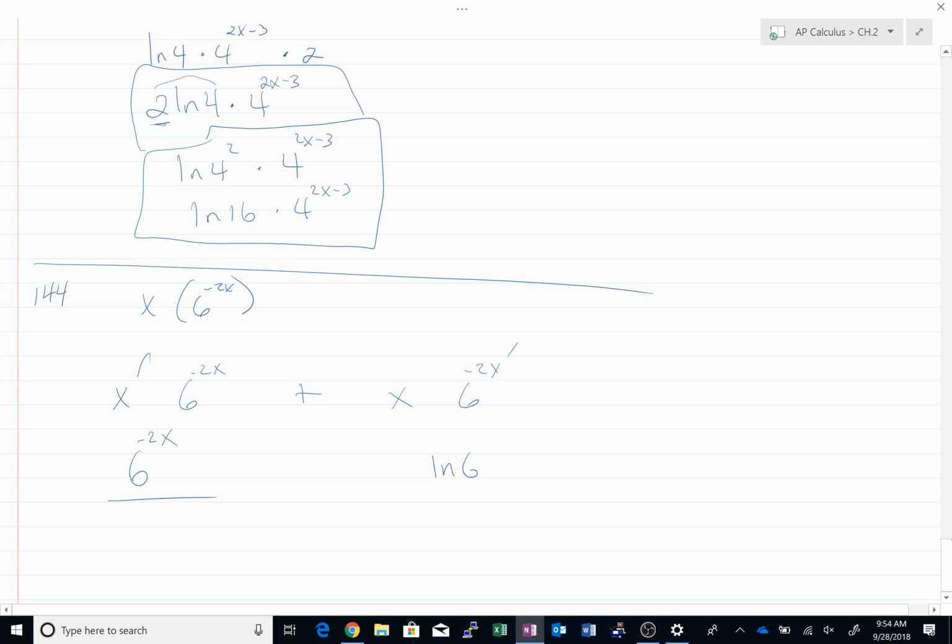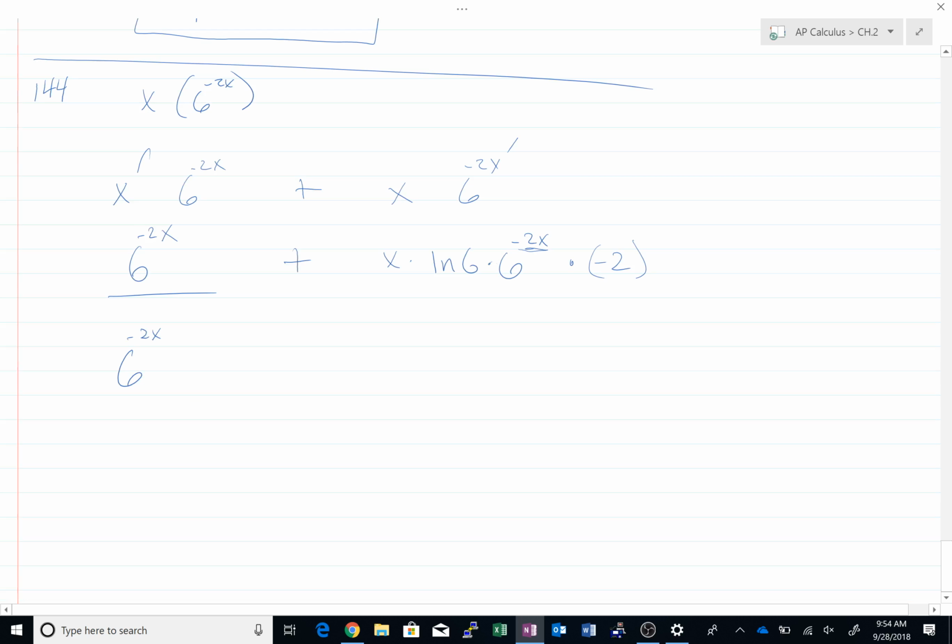Alright, so ln of a, leave that alone, times the derivative of what's up there, so negative 2. Again, that's just the derivative of what's up there. Alright, let's kind of clean it up here. So we got 6 to the negative 2x plus, but I'm going to bring this negative out front, so that's actually going to bring this to a negative 2x ln of 6, 6 to the negative 2x.